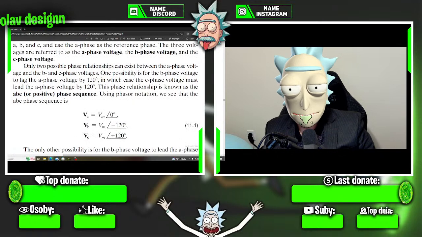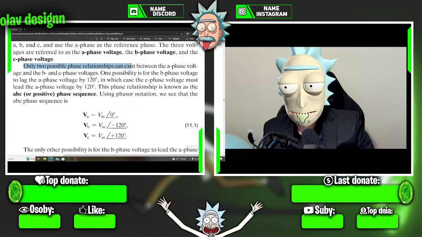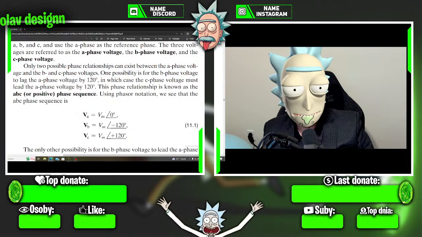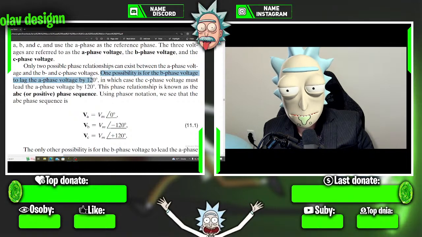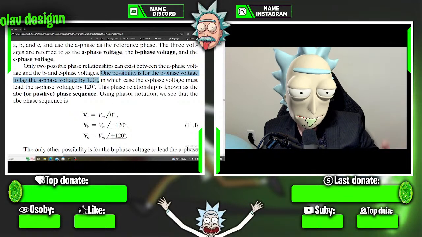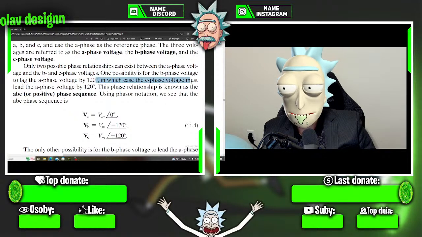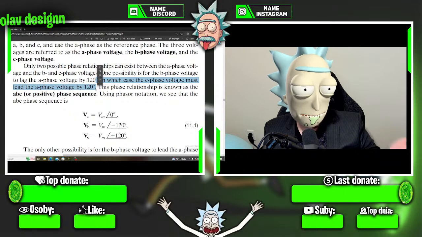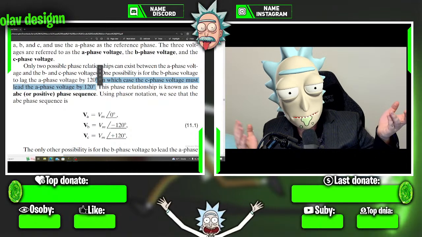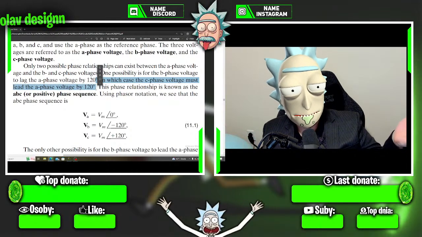Continuing the reading: two possible phase relationships can exist between the A phase voltage and the B and C phase voltages. One possibility is for the B phase voltage to lag the A phase voltage by 120 degrees, so minus 120 degrees, in which case the C phase voltage must lead the A phase voltage by 120 degrees. So if B is negative, C must be positive.